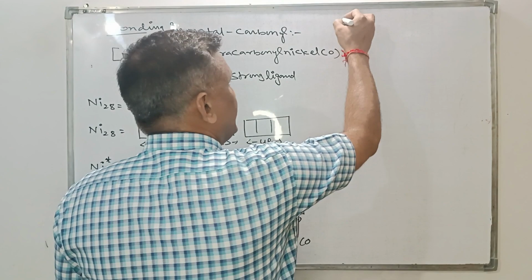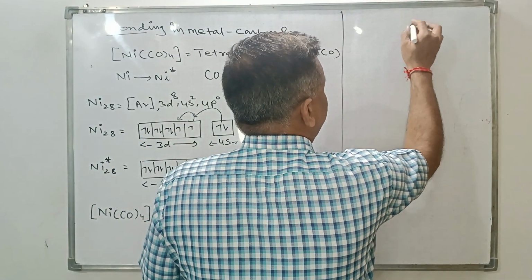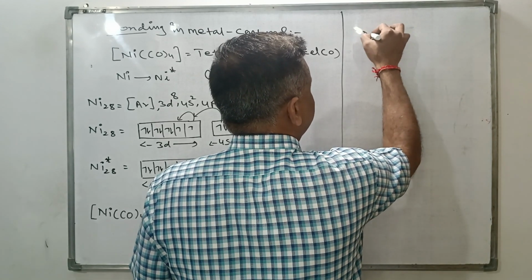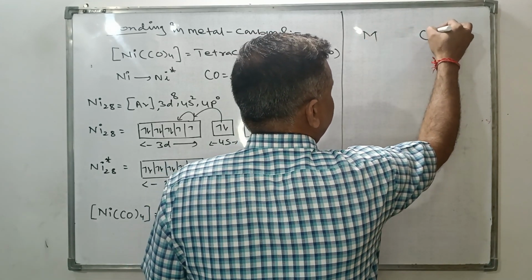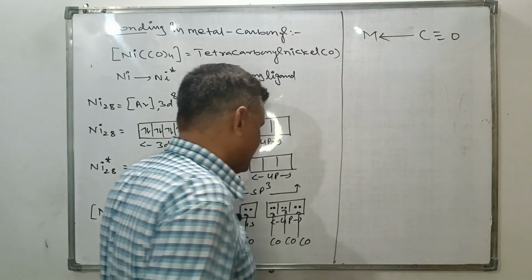Here the bonding is taking place, this is the metal atom nickel, this is the CO and it donates the lone pair of electrons to the central metal atom.